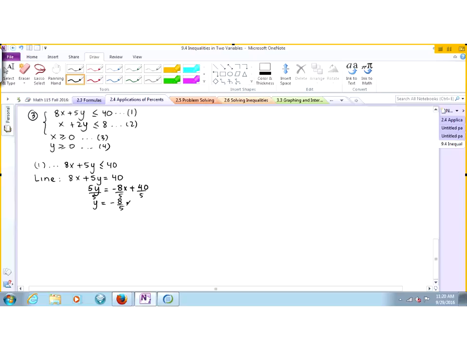So y is equal to negative 8 over 5 x plus 8. Okay, good. Solid or dash? Okay, let's draw it. Because you have less than or equal to, then it is dash.